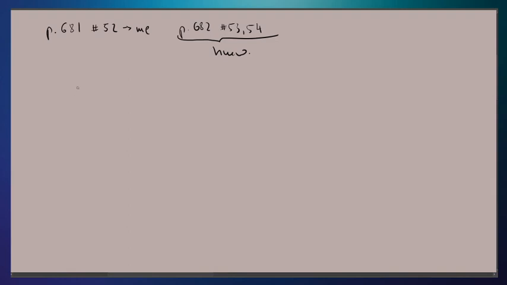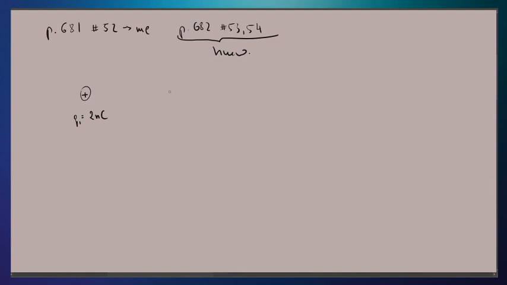Alright, let me draw a picture for 52. You can pause the video now and read the problem. The picture runs like this. You have a positive charge, and let's label this as Q1, and this charge is 2 nanocoulombs.